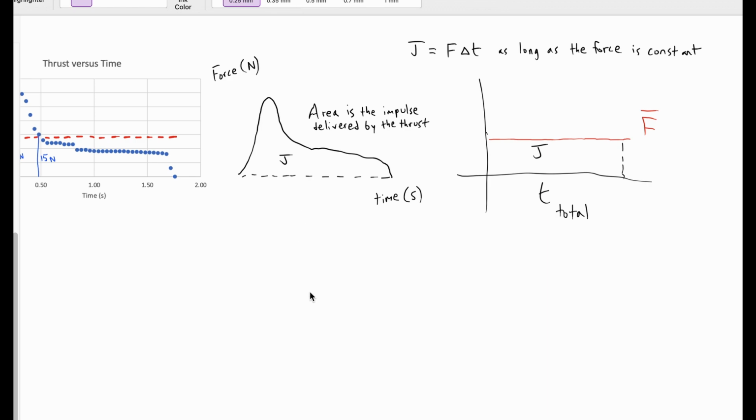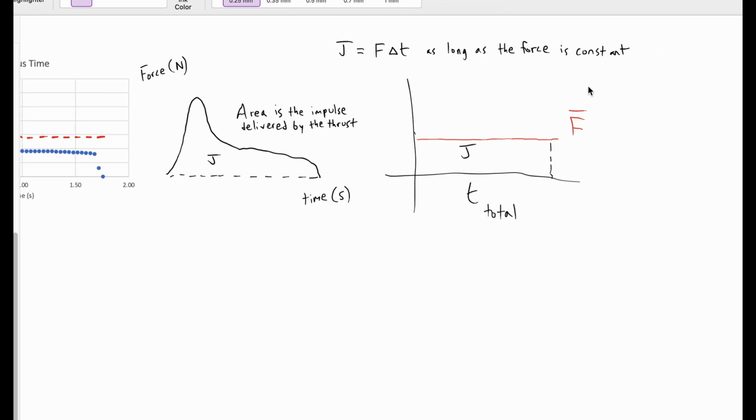That's what Newton would say. So there's some average force which will end up having the same effect on the rocket that the changing force would have had. So now F is an average force for the 1.76 second interval.